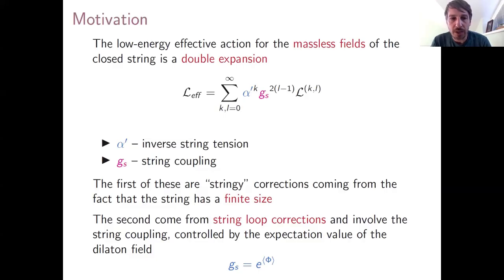And the second set of corrections, those that are parameterized by the string coupling, come from string loop corrections, so the genuine quantum corrections in the string theory. And the string coupling itself, there are no free parameters in string theory, and the string coupling is controlled by a field. It's controlled by the expectation value of the scalar dilaton. So gs is given as e to the expectation value of phi.